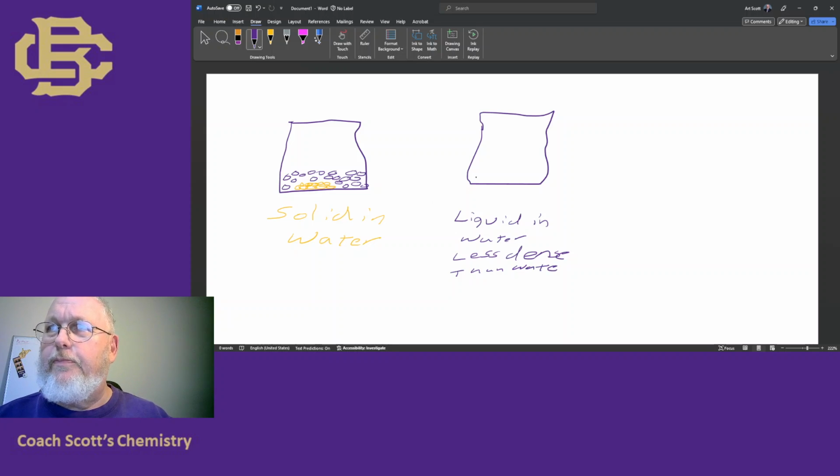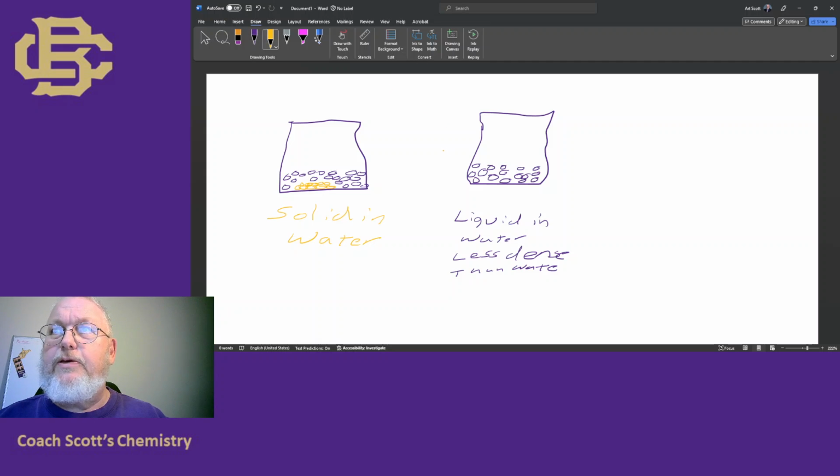So let's put our little water molecules in there, all right, our little water particles. We don't know what a molecule is yet. So I'm doing it like that. Again, there's space in between them. They're able to move around each other, right? All right, so that lets me know that I've got water there, right? So we've got to express that.